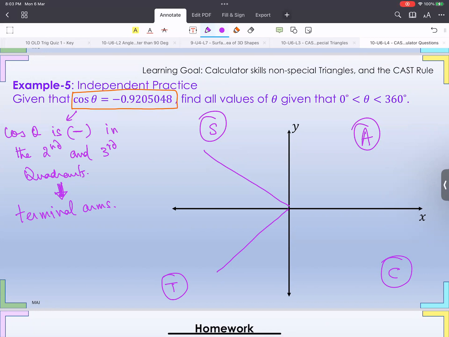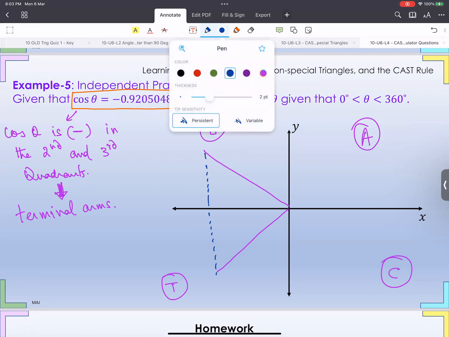And if cos theta is the same for both triangles, so both terminal arms give you the exact same value for cos theta, that means their sides are all exactly the same, or the same ratio. So we have adjacent over hypotenuse for one triangle and the other triangle being the same.